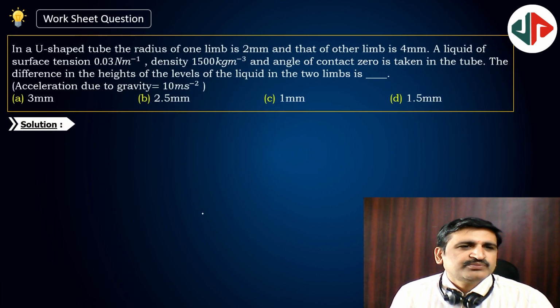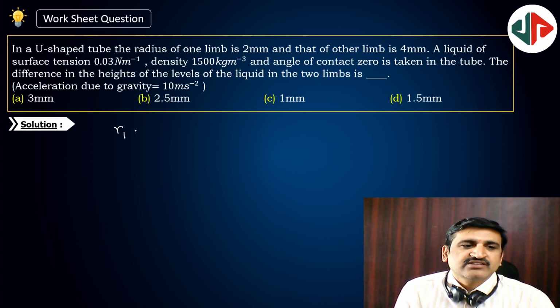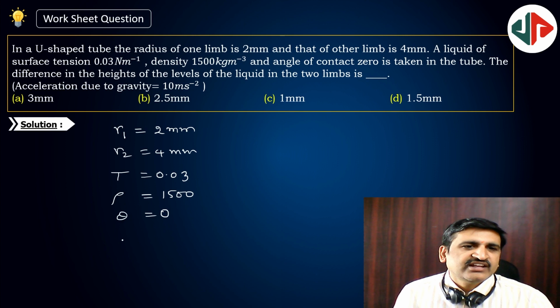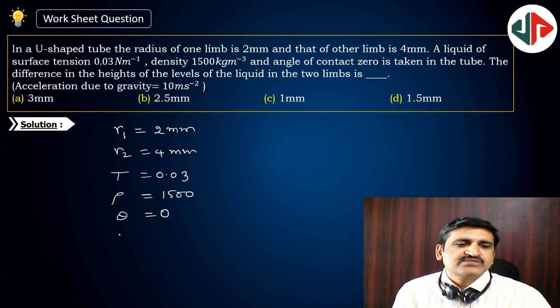A U-tube having different limbs with different radius: one limb is 2 mm, and the other limb is 4 mm, R2 is equal to 4 mm. One is wider, one is narrow. A liquid of surface tension T is equal to 0.03, density is equal to 1500, angle of contact theta is equal to 0 is taken in the tube. The difference in the heights of the levels of the liquid in the two limbs, height difference is how much?